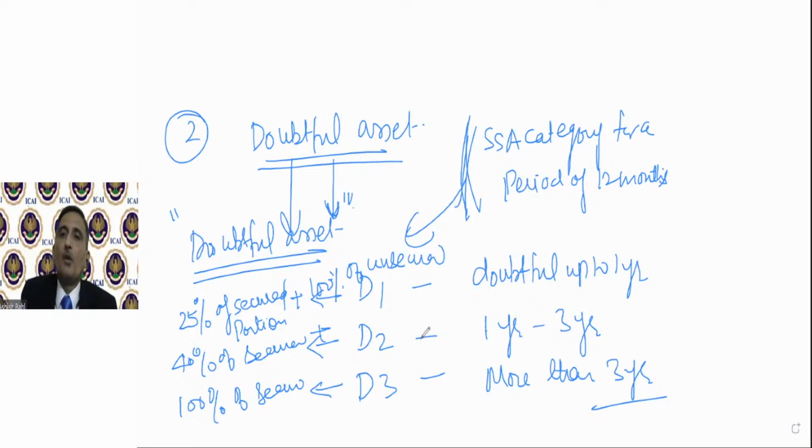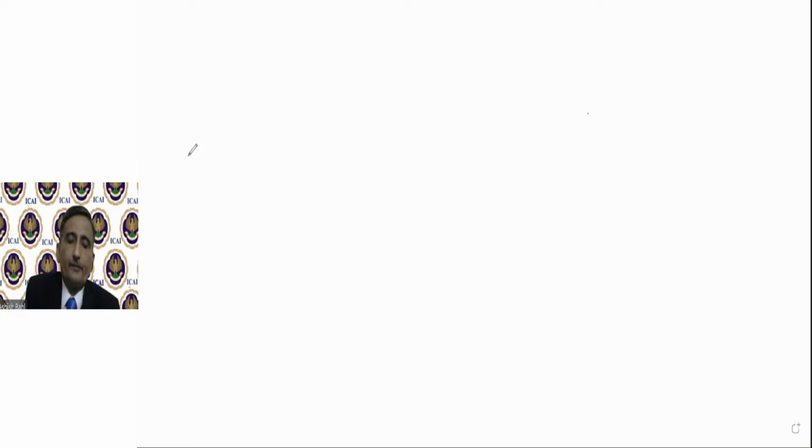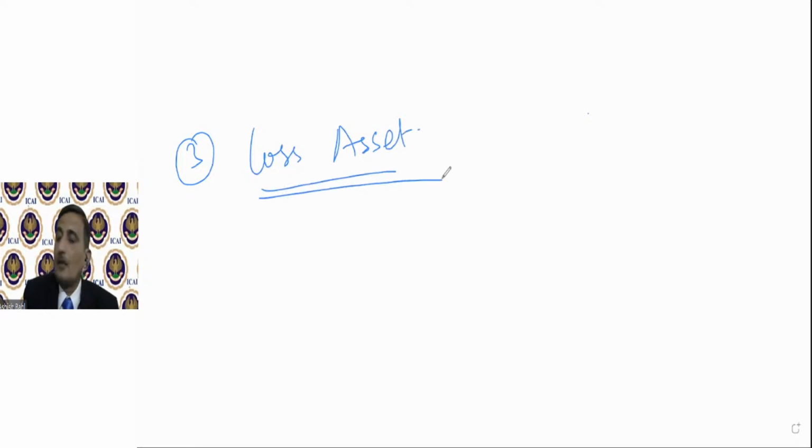So now we come to another, third category of NPA, the loss asset. A loss asset may be such an asset where the RBI inspection of the bank has been conducted and it has been found that security is missing in case of a borrower account.